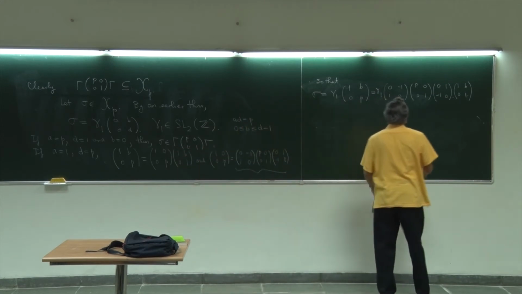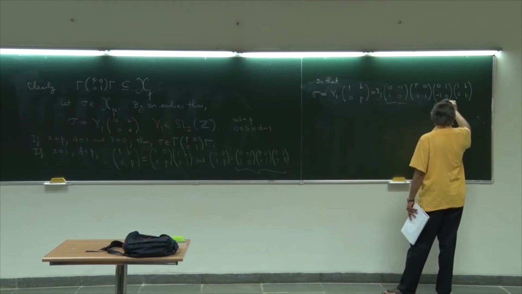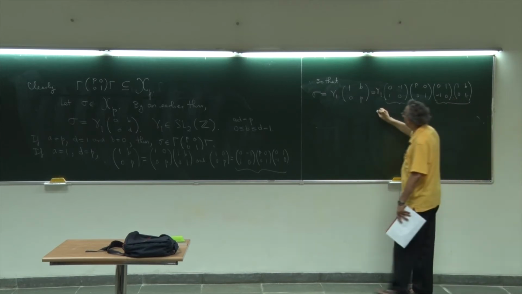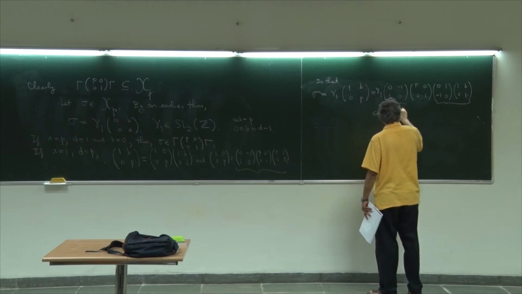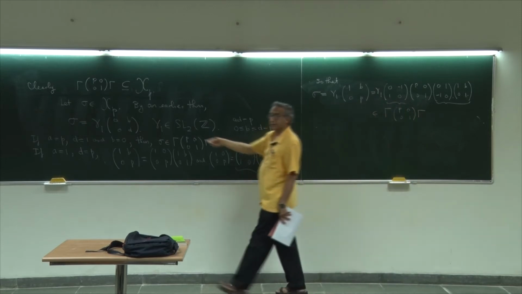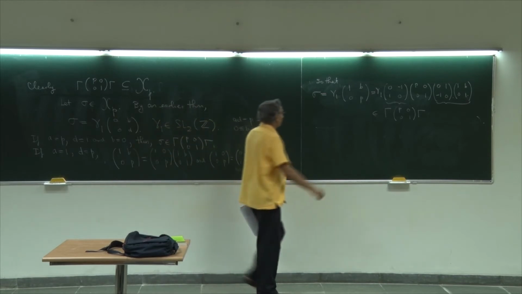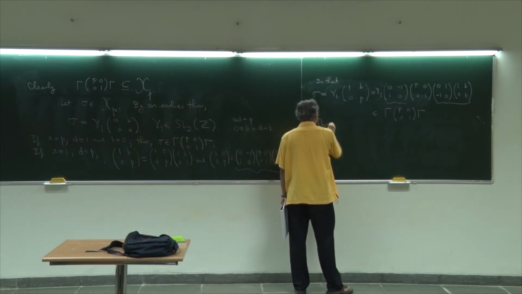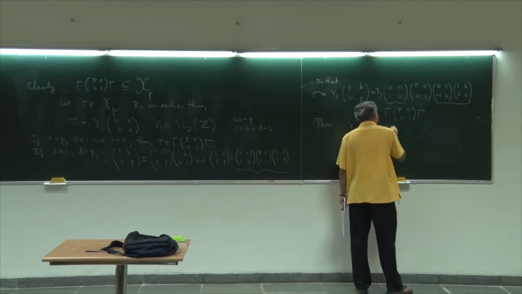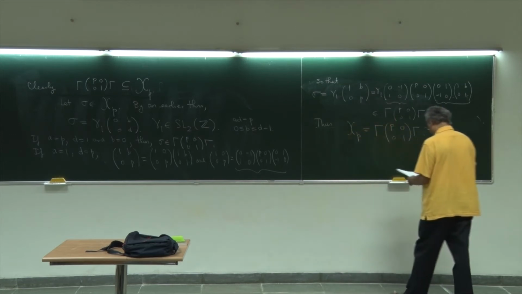The point is that this is a matrix in SL2(Z), this is a matrix in SL2(Z), and this is also a matrix in SL2(Z). So this is an element of Γ (p 0; 0 1) Γ. In other words, if I started with a matrix of determinant p, I can write it as an element in the double coset.